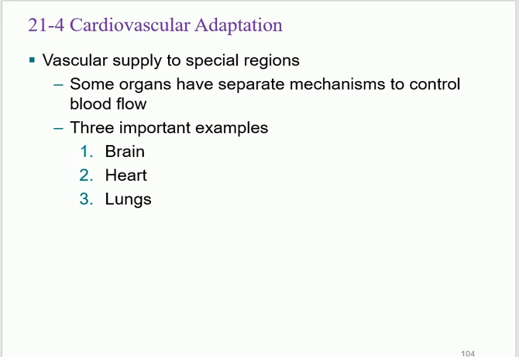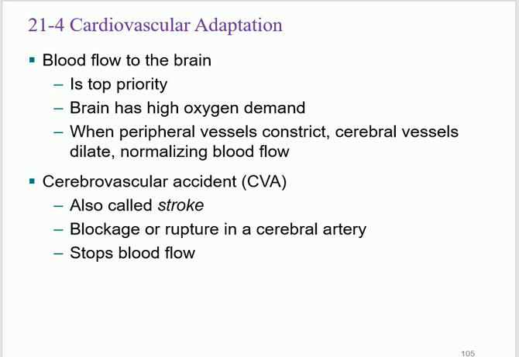So the first one is the blood supply to the brain. The problem with the brain is you cannot stop oxygen for more than a few seconds. The brain is very sensitive. So you need to make sure that enough supply goes to the brain all the time. How to maintain that?